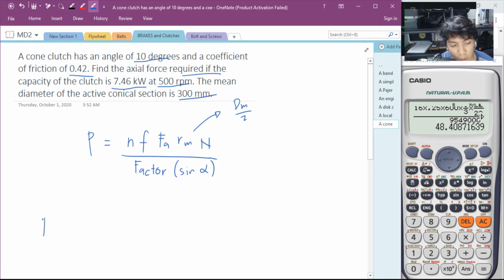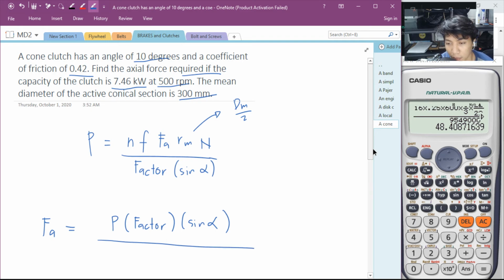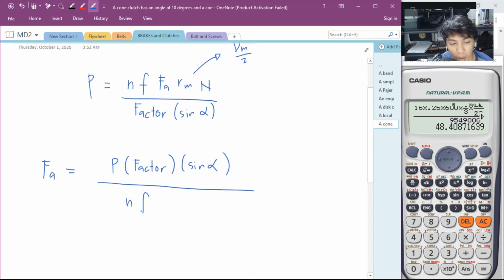O, di-reform na lang natin in favor of FA or the axial force. So, that is power times factor multiply to sine alpha. And then, you divide it with yung mga natitira. N, F, FA, RM, and N. So, makuha natin si FA.